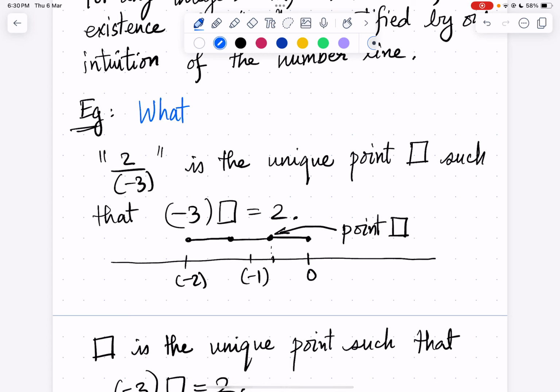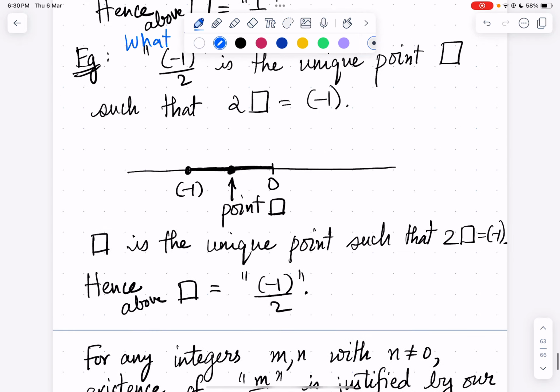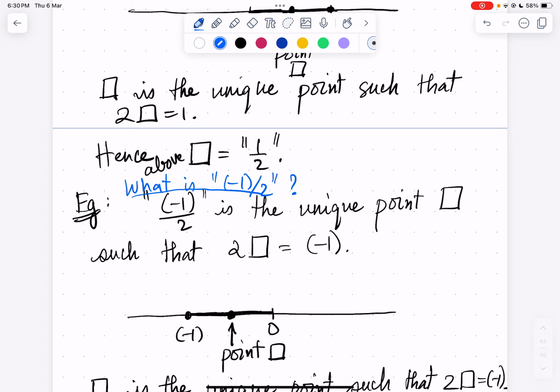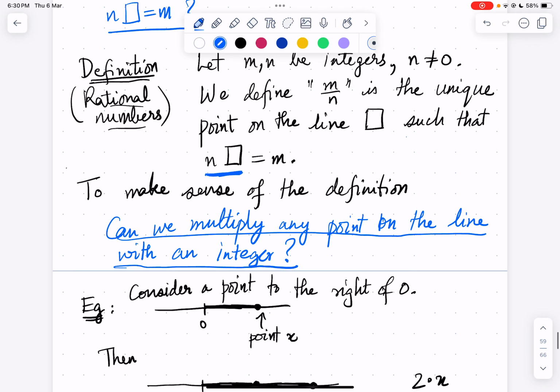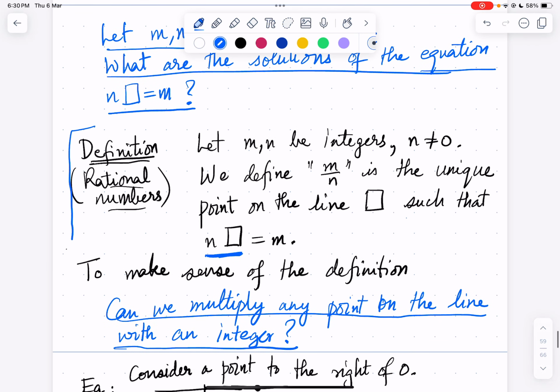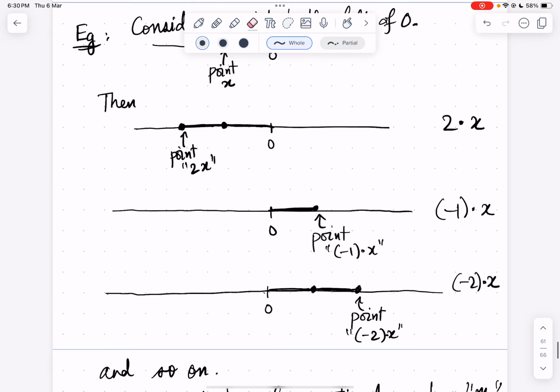What is 2 by -3? So these are examples of the definition. So this is the main definition. We define m by n to be the unique point on the line such that n times that point is m. This is the main definition.